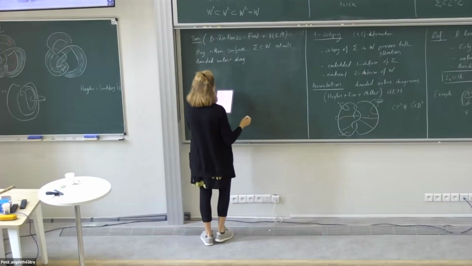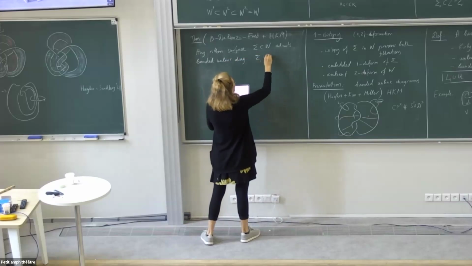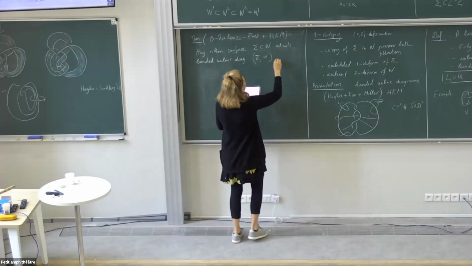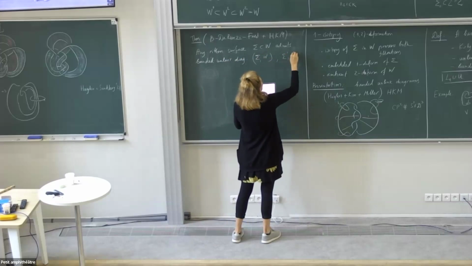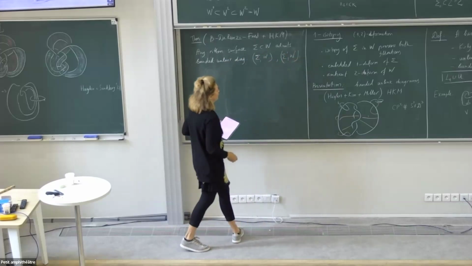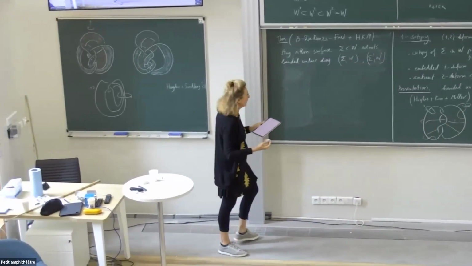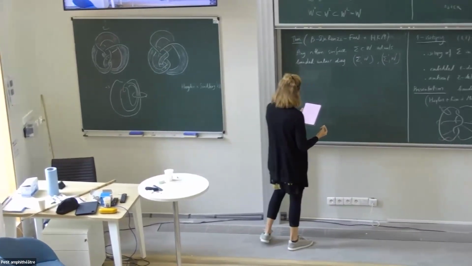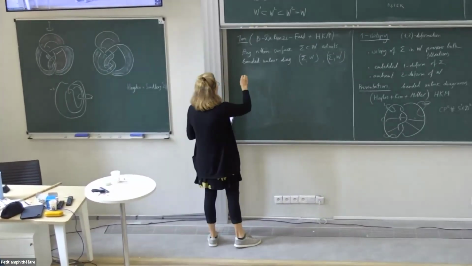And if you have two such surfaces, you represent each of them by some bounded unlink diagram, then you can pass from one to another by a sequence of the following moves.